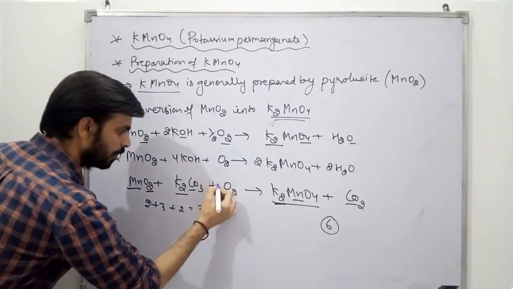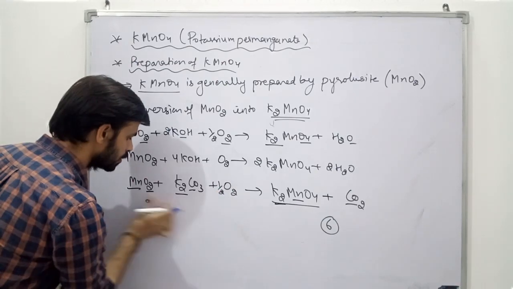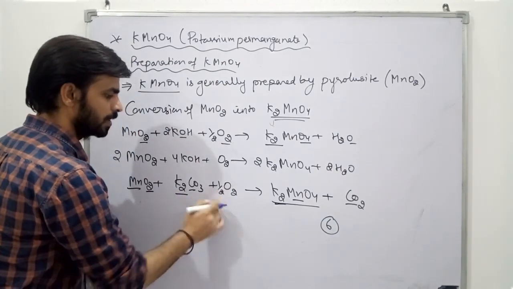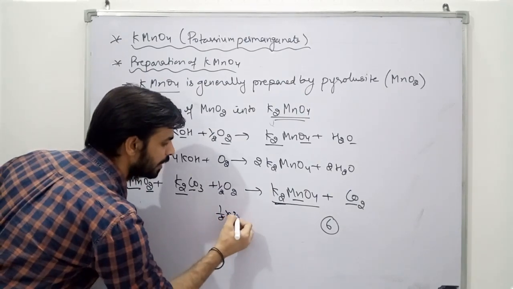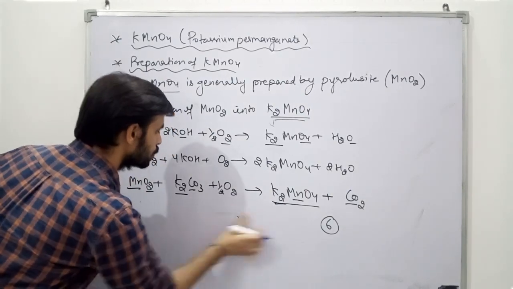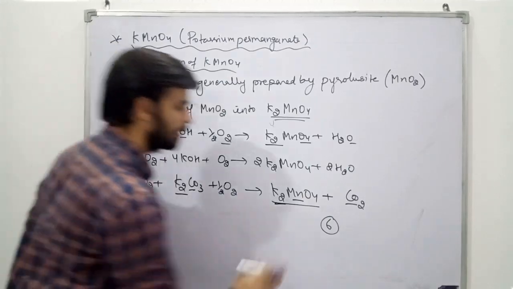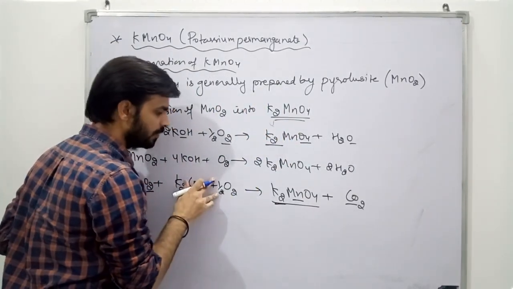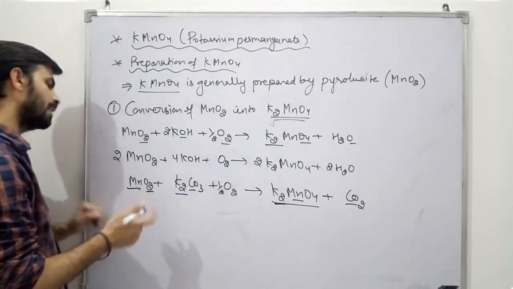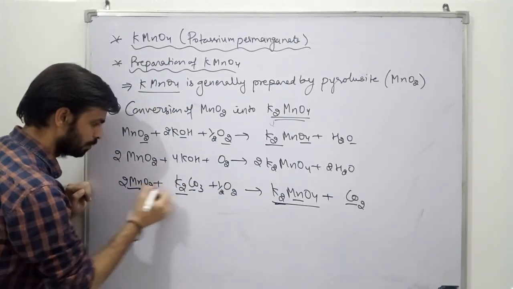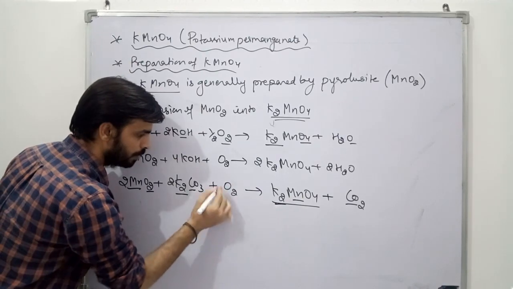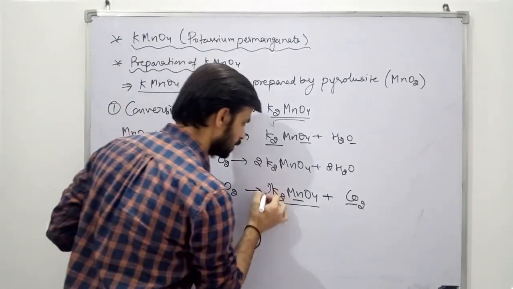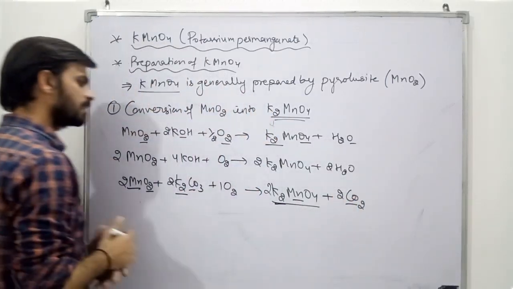So if I multiply this oxygen by half, then 2 plus 3, 5, plus 1, because half into 2 is equal to 1. So we have 6 oxygen. But again we cannot have a fraction value in a balanced equation, so multiply this equation by 2. Half multiplied by 2 gives 1, then again 2. This is a balanced equation.